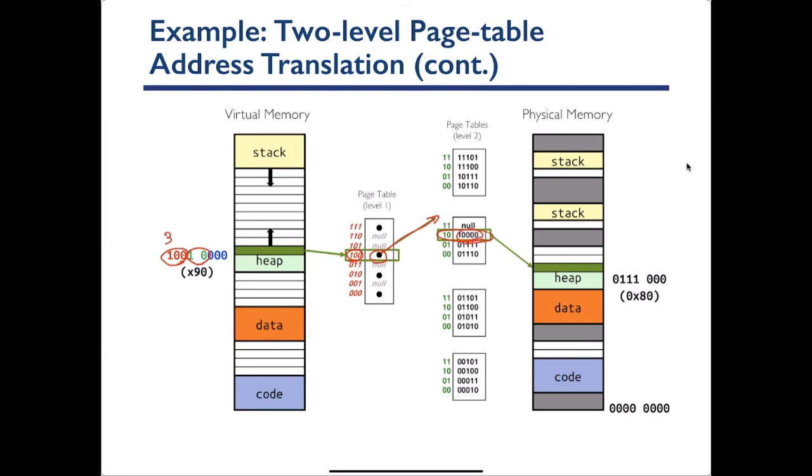Once you have it, you're going to append to that 0, 0, 0, and that's where you're going to go in your physical memory to get the data you want. So as I said, this requires 2 accesses to memory to do the translation so that you can finally go and read or write to or from your physical memory.